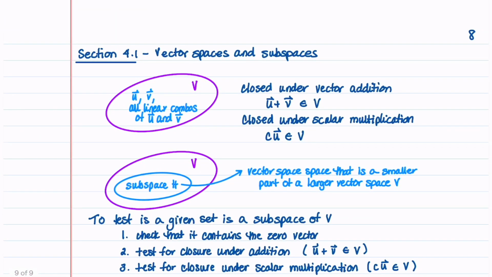Okay, this is the last page. We talked then about section 4.1, which was on vector spaces and subspaces. This was our venture into a little bit more theoretical mathematics. We looked at a vector space V, and our vector space contained a vector u, a vector v, and then all linear combinations of u and v.